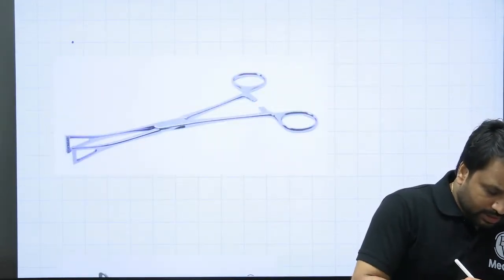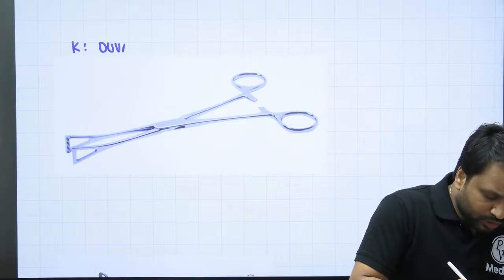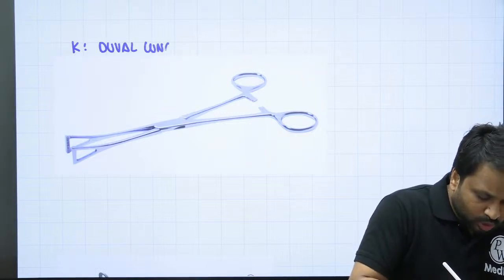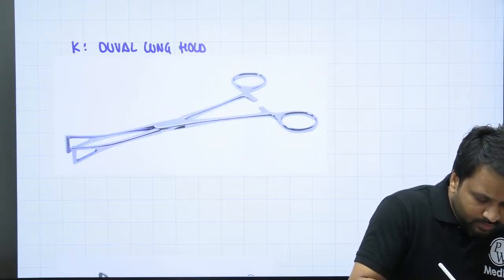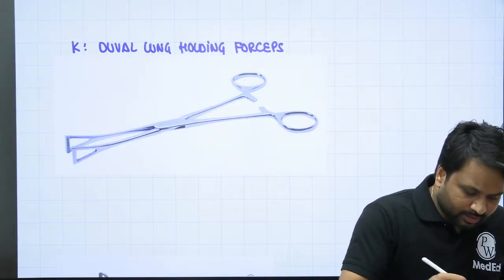This is the lung holding forceps. This is what we call the dual lung holding forceps. You see the triangulated end.